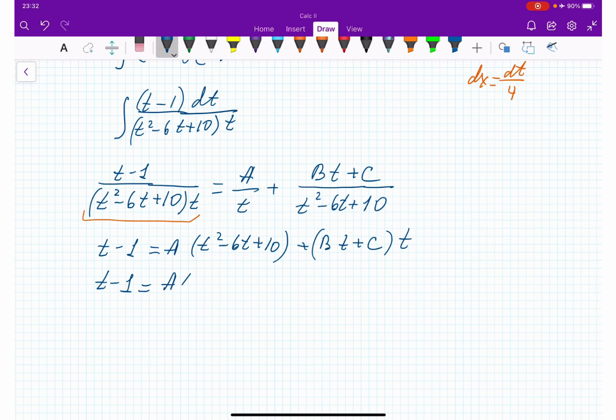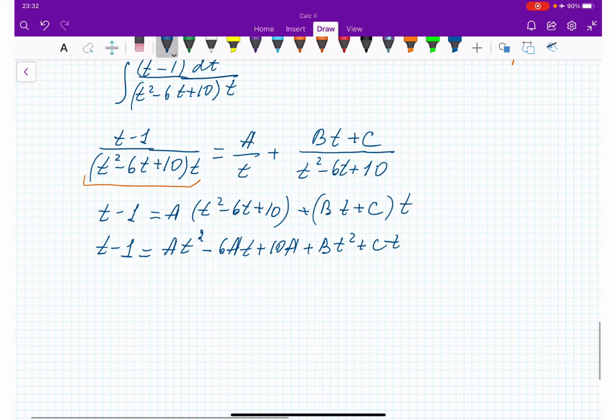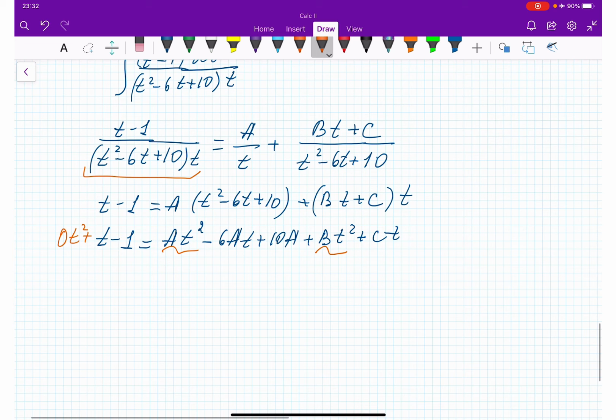I'm going to use the method of a system of equations. So at squared minus 6at plus 10a plus bt squared and plus ct. Here I have at squared and bt squared. Since I don't have t squared on the left side, the coefficient will be 0.